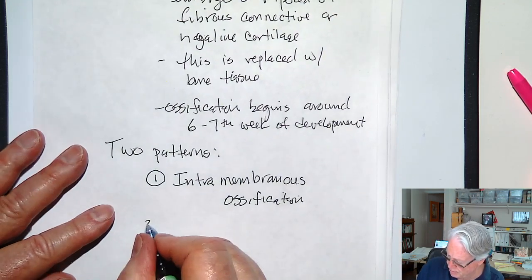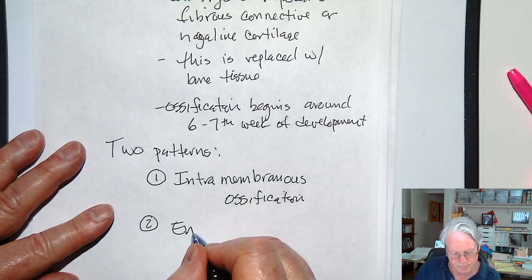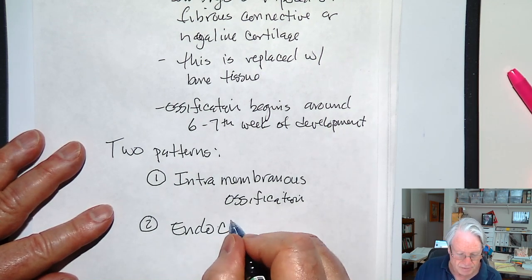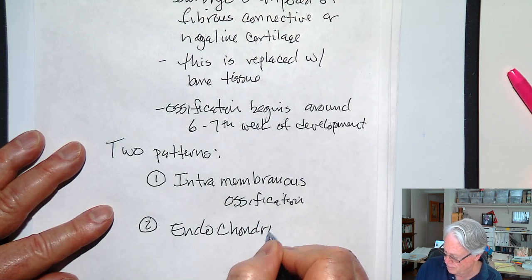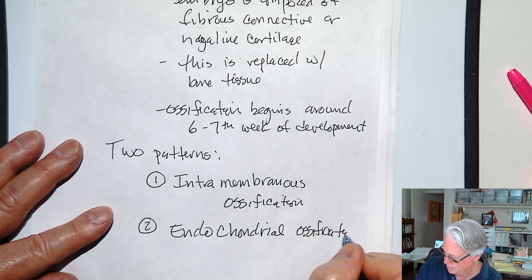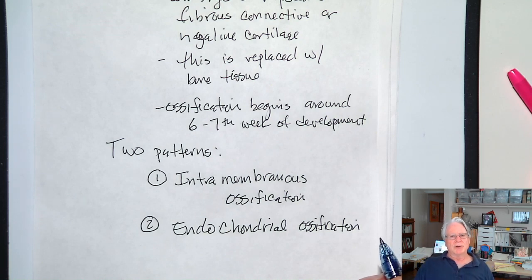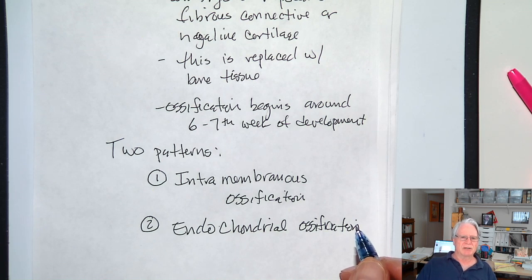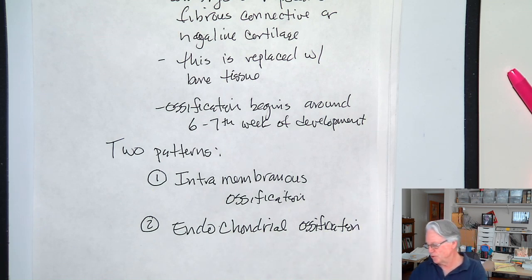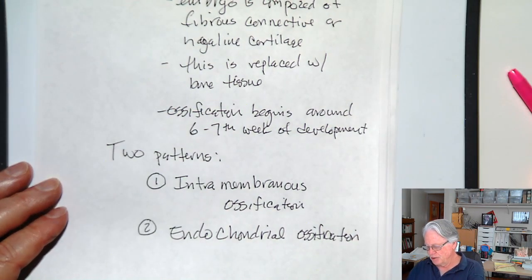And the second one is endochondral ossification. Those are the two patterns. We're going to look at intramembranous ossification first, and then in the next lecture we'll talk about endochondral ossification. As I said, we'll also talk about bone growth, both in length and diameter. Okay, so let's begin with the intramembranous ossification process.